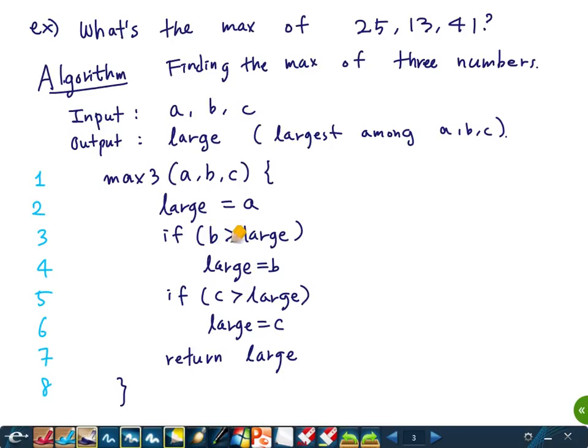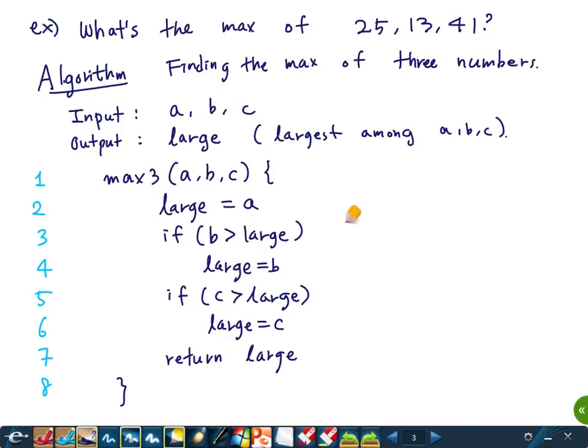Otherwise, it doesn't do anything. And by the way, you notice that I indented the next line like this. That means the body of the if statement is from here to here. And this is one statement. It has only one statement inside of the if statement. Okay? If this is true, we will perform this. Otherwise, it doesn't do anything, and then goes to the next line.